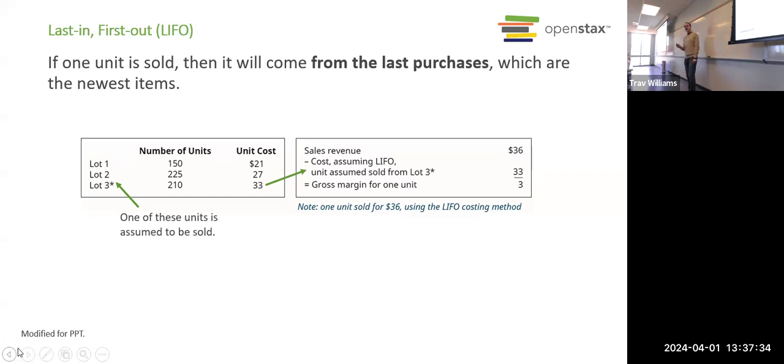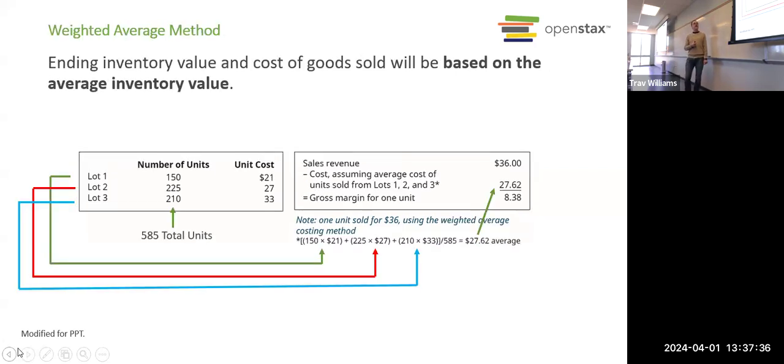Then we get to weighted average. Now, this is the one that takes the most calculation to come up with, because what you have to do is say, okay, we had 150 units at $21 each. So we multiply to get the total cost of that lot.